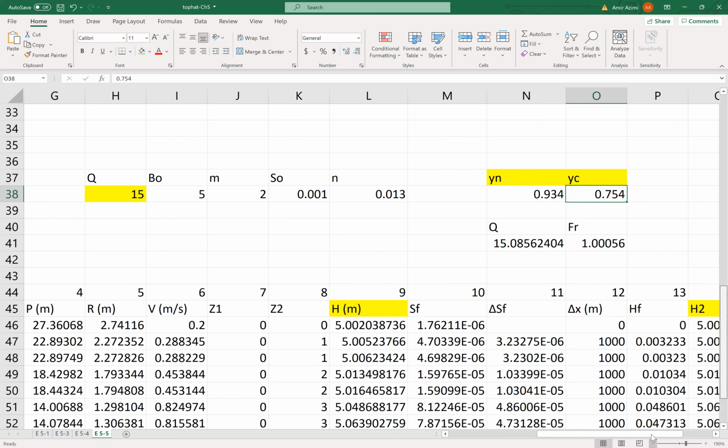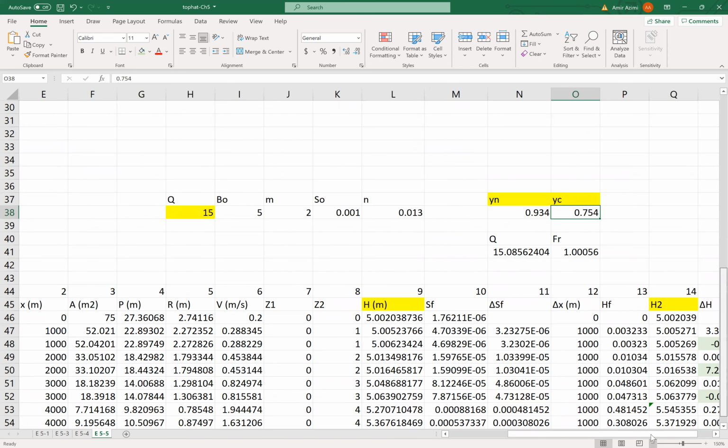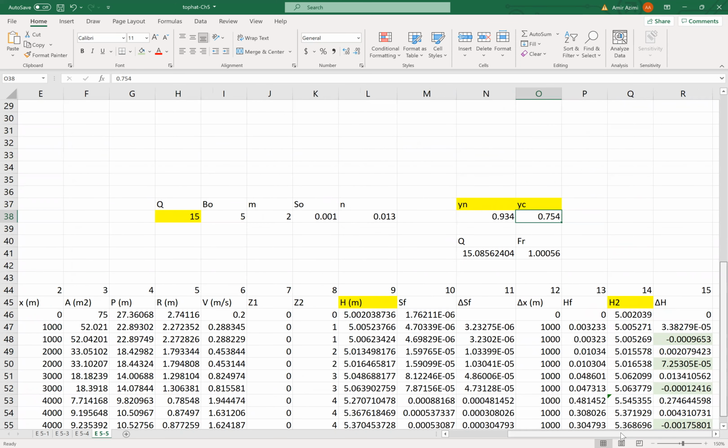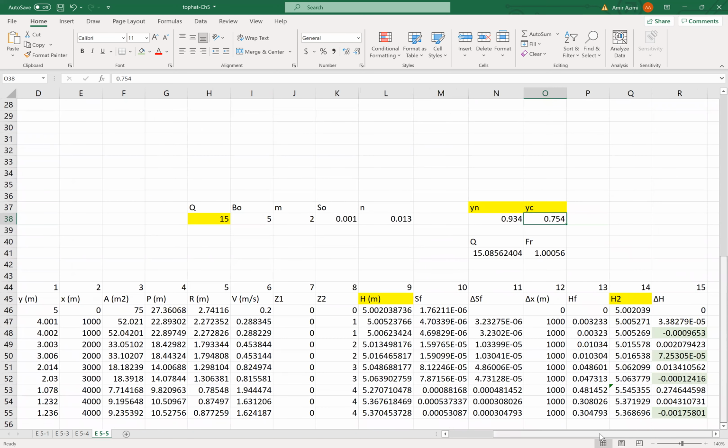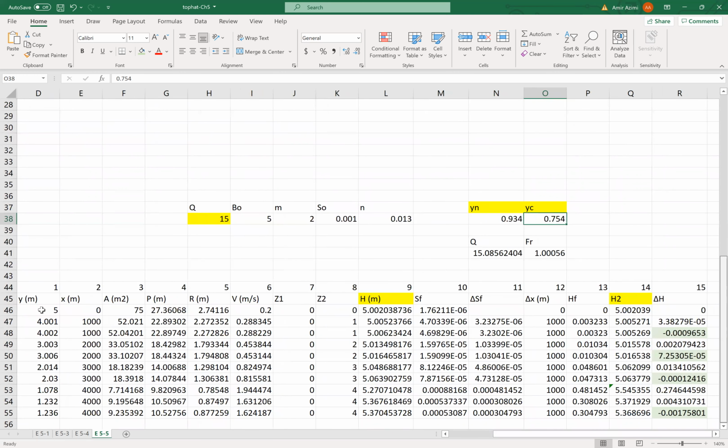Now for the standard step method, I need to develop 15 columns. The explanation of how to develop these 15 columns is in the textbook, so you can read it. First we start with a depth and the distance that we are interested in. At each distance, we do a trial to adjust the required depth.